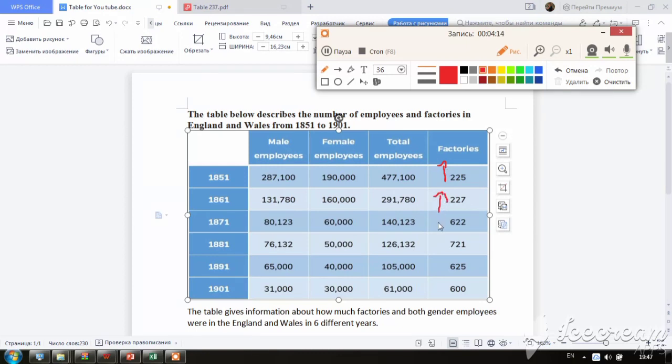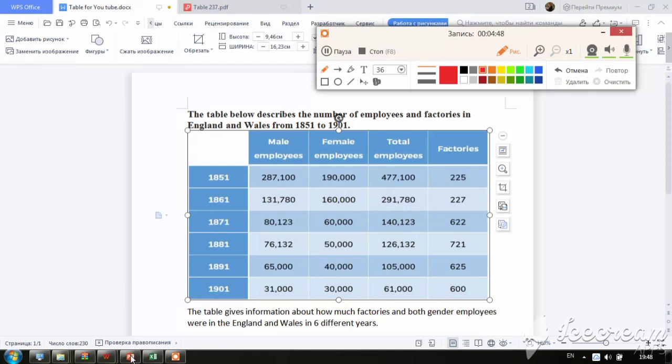In this chart, you can see the factories rose year over year, and in 1881 it reached a peak, a big increase.